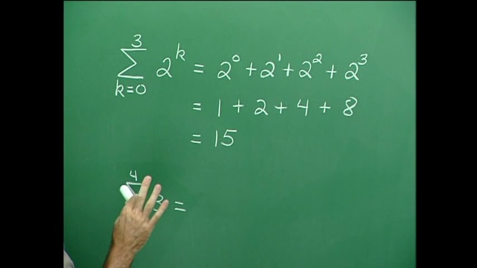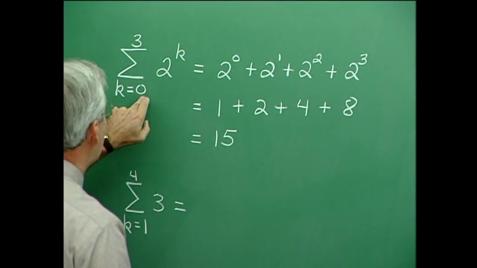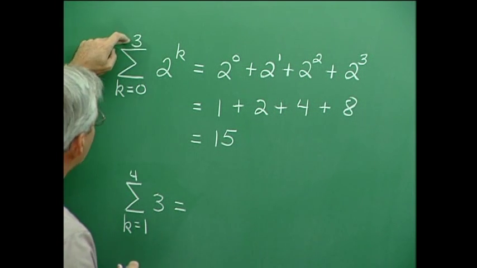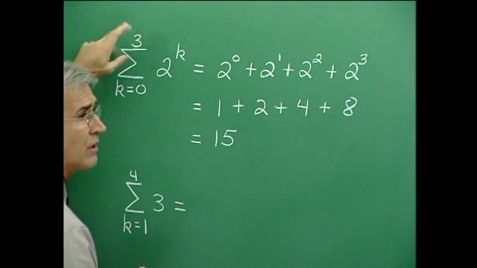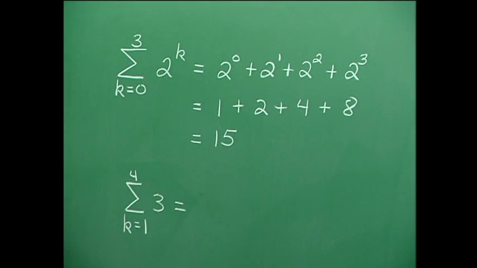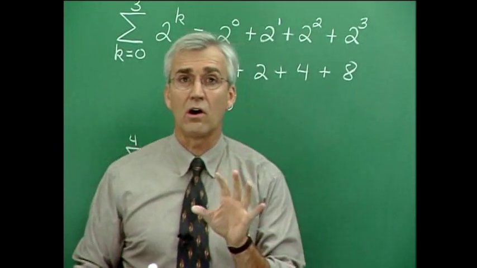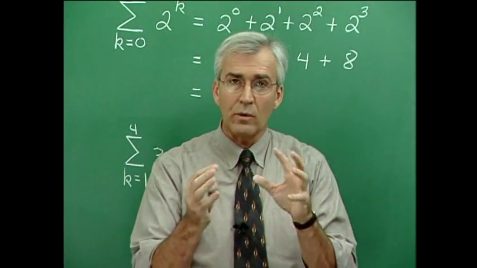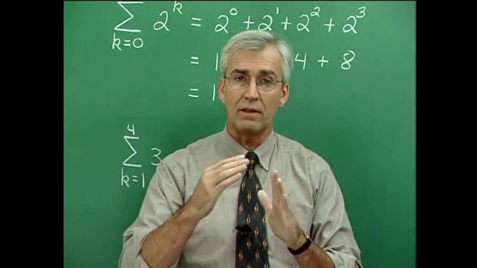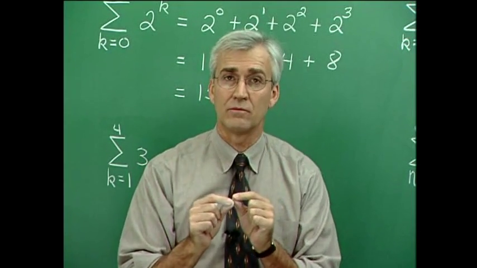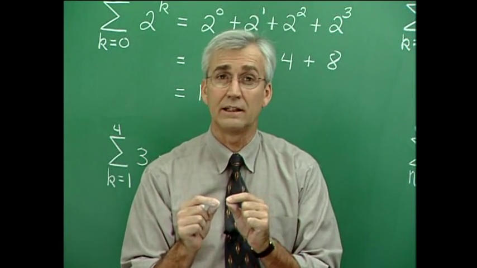I want you to notice here that when k takes on a value other than 1 as the lower limit, the upper limit doesn't tell us the number of items in this group that we're adding. And let me say it another way. It is often thought that when we use this summation notation, the upper limit indicates how many items are being collected here.